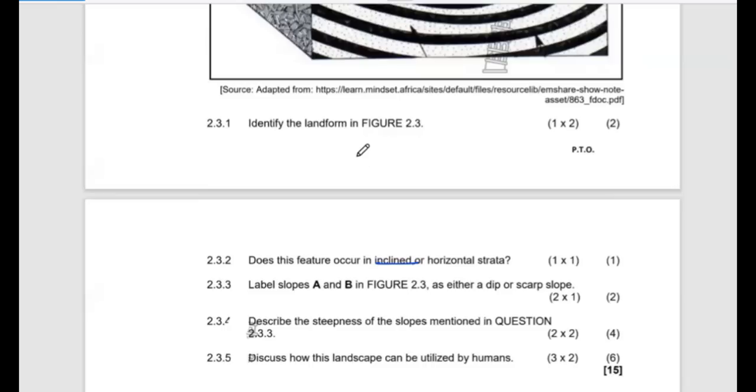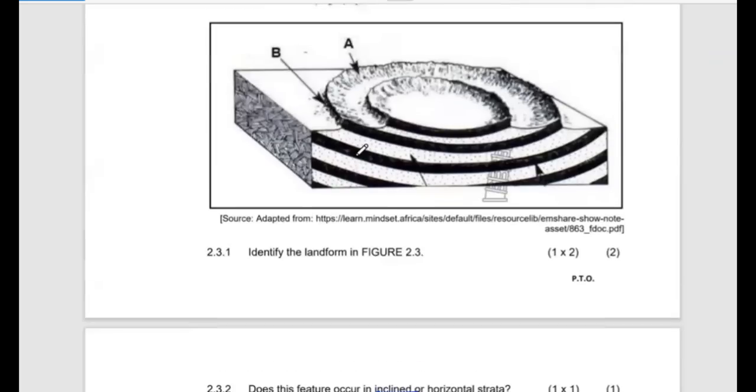Label slopes A and B. Slope B, if you check, is the dip slope, the gently sloping one as we get inside the basin. And A is the steep one, which is the scarp slope.